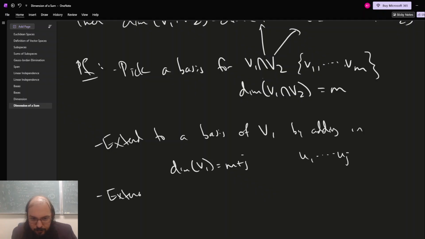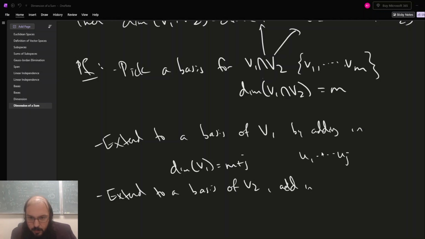Same trick applied to V2. Let's add in this time w1 through wk so that the dimension of V2 is equal to m plus k. Now, under this setup, what would this tell me?